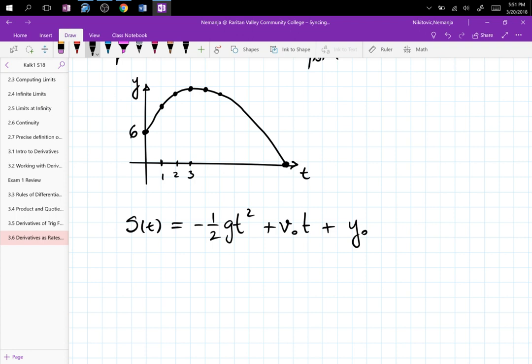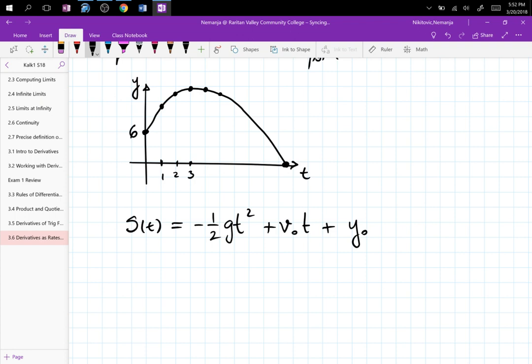By the way, if I use initial velocity 0, as you can see, it does not propel it forward at all. So the difference between dropping an object and throwing an object is exactly this v0 term. And then you also have the y0, which is the height from which you throw.